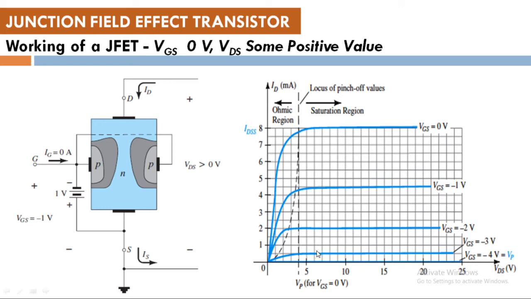This is just an example. Now in this case, you can very well see that the gate potential is now negative with respect to the ground. So this is becoming negative before we can provide any potential at VDS.